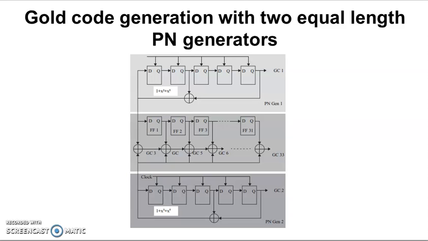Then we have gold code generation with two equal-length PN generators. Generally we use a different PN sequence for different networks, so a large number of sequences with good cross-correlation properties are required, and we require a given length for the PN sequence.